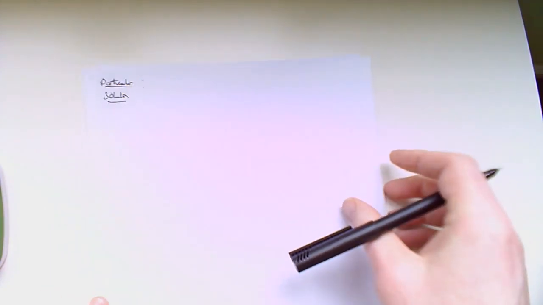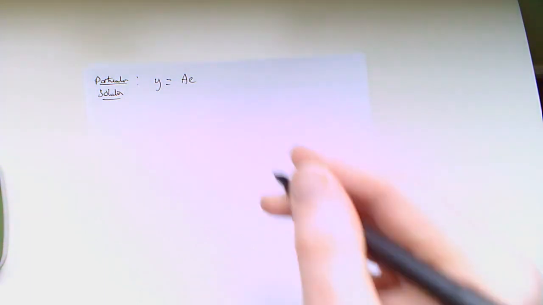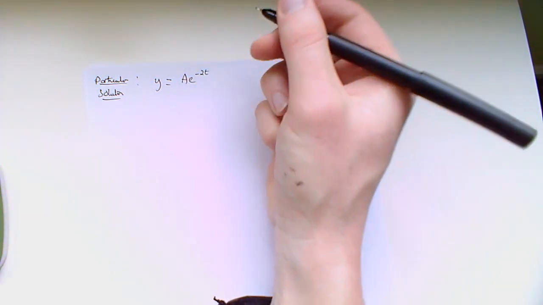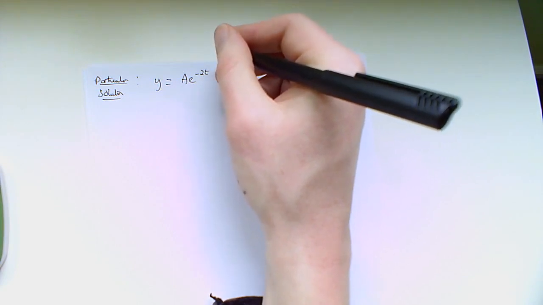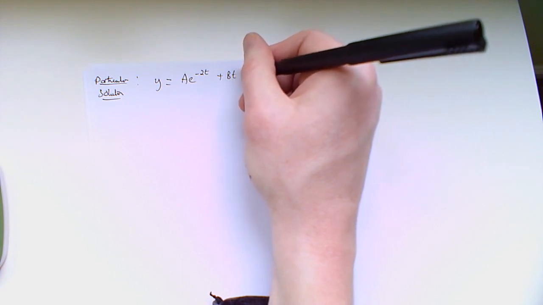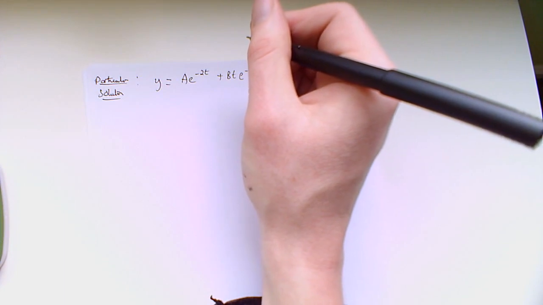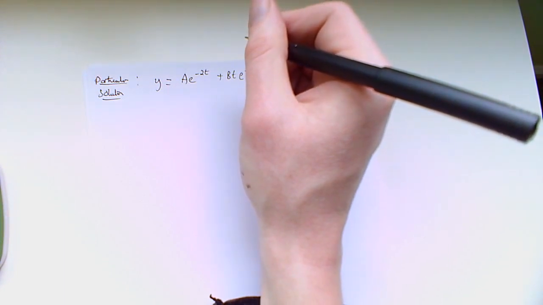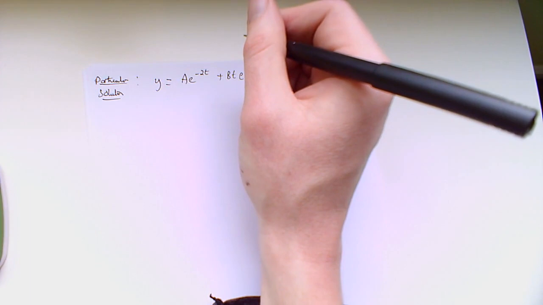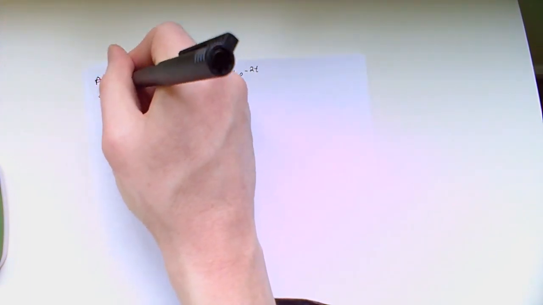My general solution was y equals ae to the power of negative 2t plus bt e to the power of negative 2t.